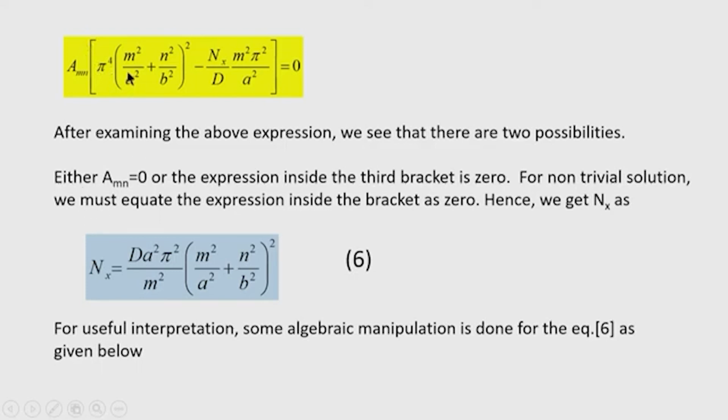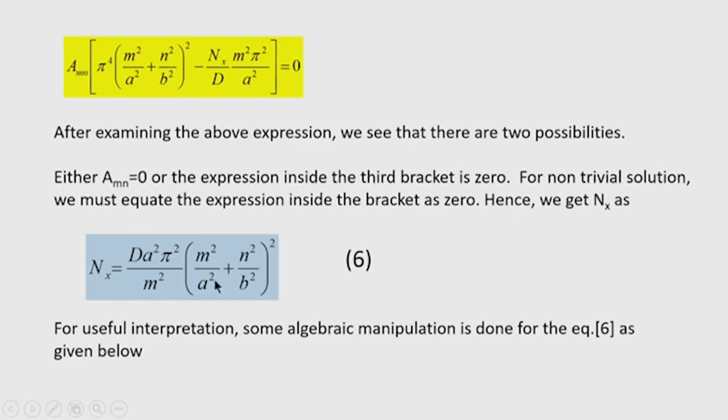So, taking this quantity to be 0, our target is to find N_x. So, N_x becomes D π^2 by m^2 into (m^2 by a^2 plus n^2 by b^2) whole square. This is the in-plane force N_x that we want to find, the critical load in the x direction. So, what is the critical value of N_x?